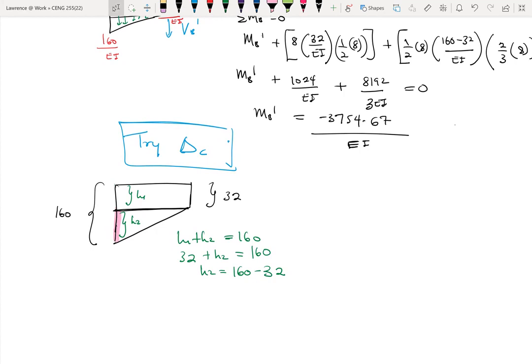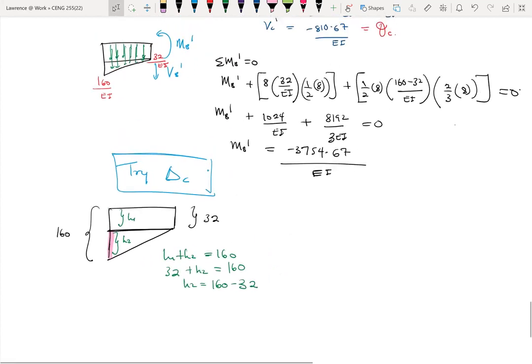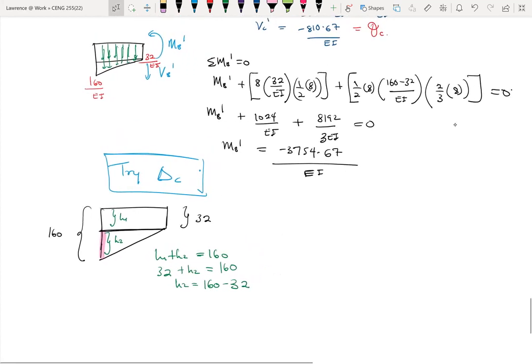This is also easier. The area can still be a trapezium, which is half of A plus B times H. So your A will be the 160, your B will be the 32, and then your H will be 8 meters.